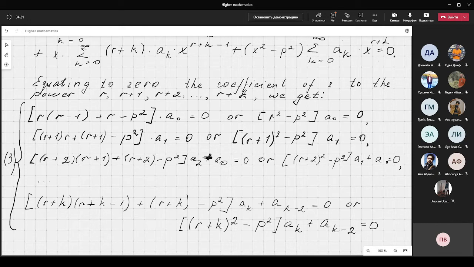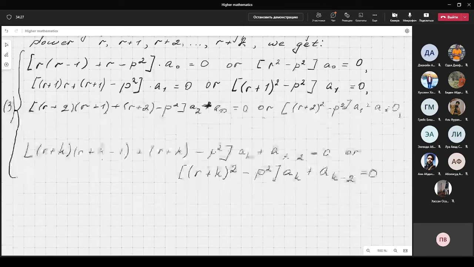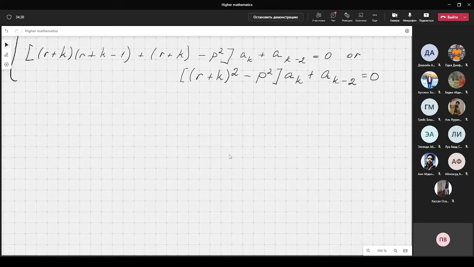Let us consider the latter equation, ((r plus k) squared minus p squared) times a_k plus a_(k minus 2) equals 0, and denote this 3 prime.